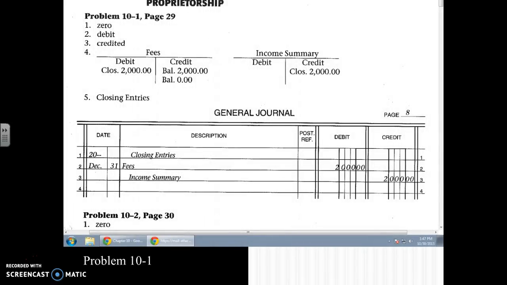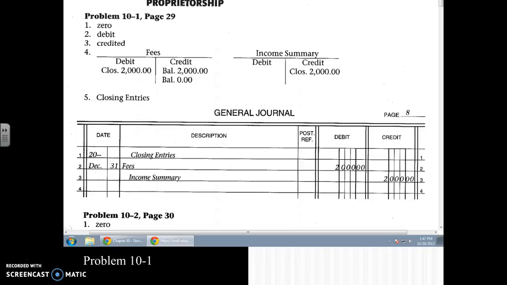Problem 10.1 is a problem that we'll be going over in class. Take a look at this for a proprietorship on page 29. We have the closing for our revenue account titled fees. In the general journal, we always start a new journal page.